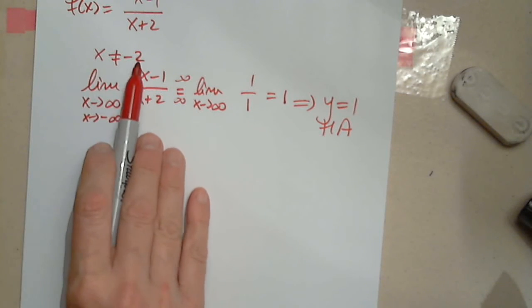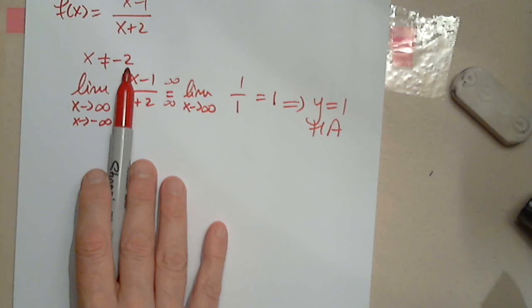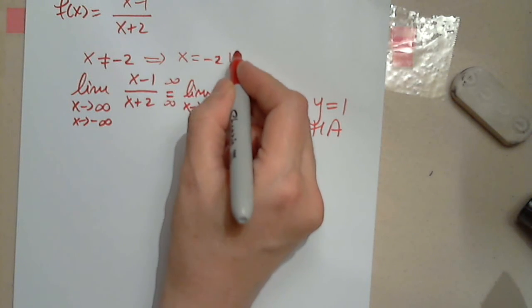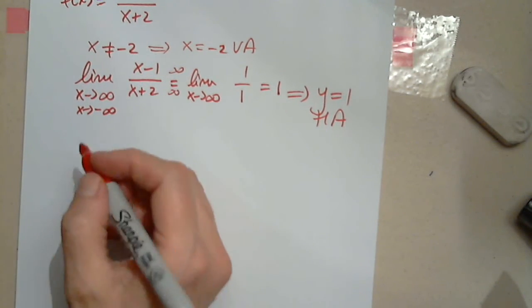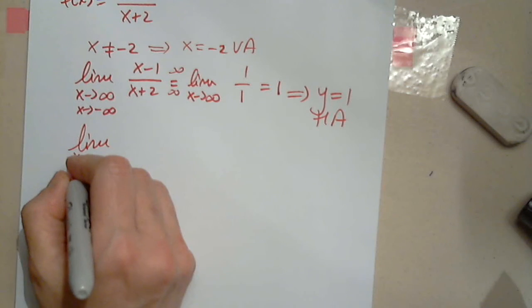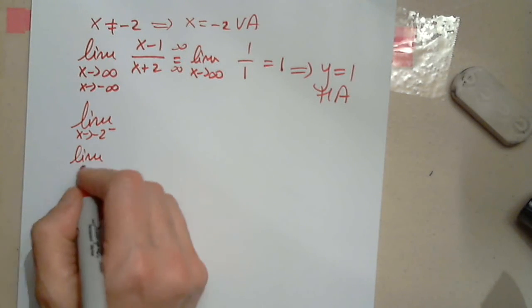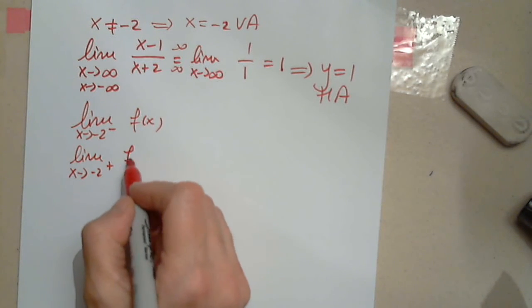I also know, we had a problem like this on the last test, that x cannot be negative 2, which means x equals negative 2 will be a vertical asymptote. So I have to find the limits left and right: the limit as x approaches negative 2 from the left, and the limit as x approaches negative 2 from the right, of f of x.